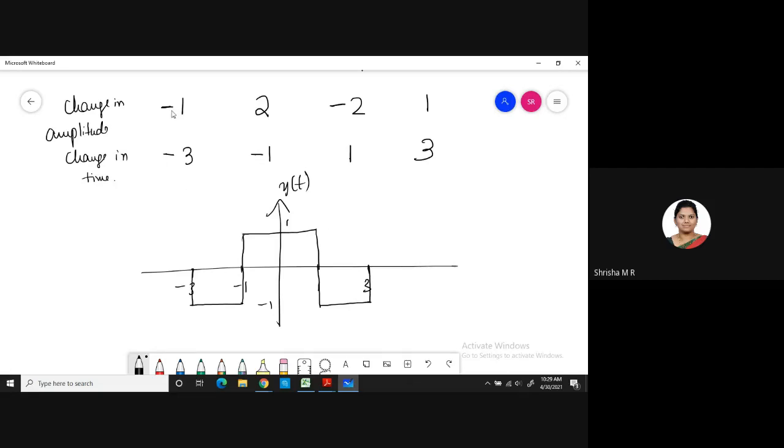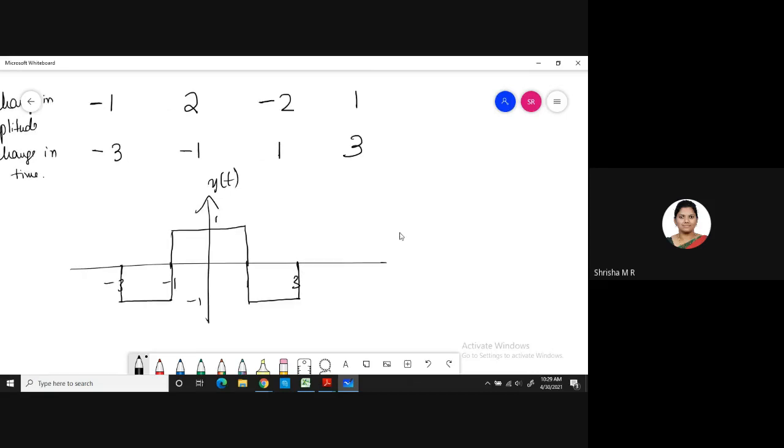At the change in amplitude, I'll write the question on one side. So we have minus u of t plus 3 plus 2 times u of t plus 1 minus 2 times u of t minus 1 plus u of t minus 3. What is the change in amplitude in the first one?